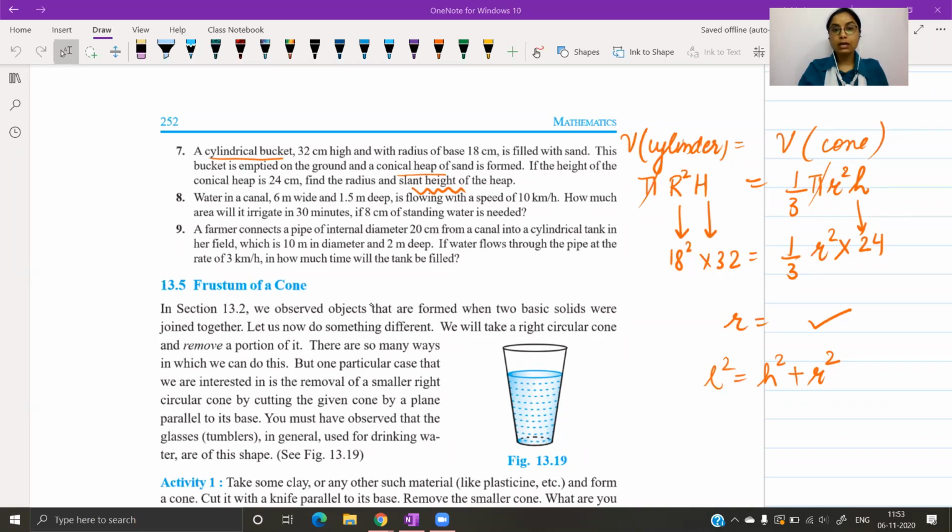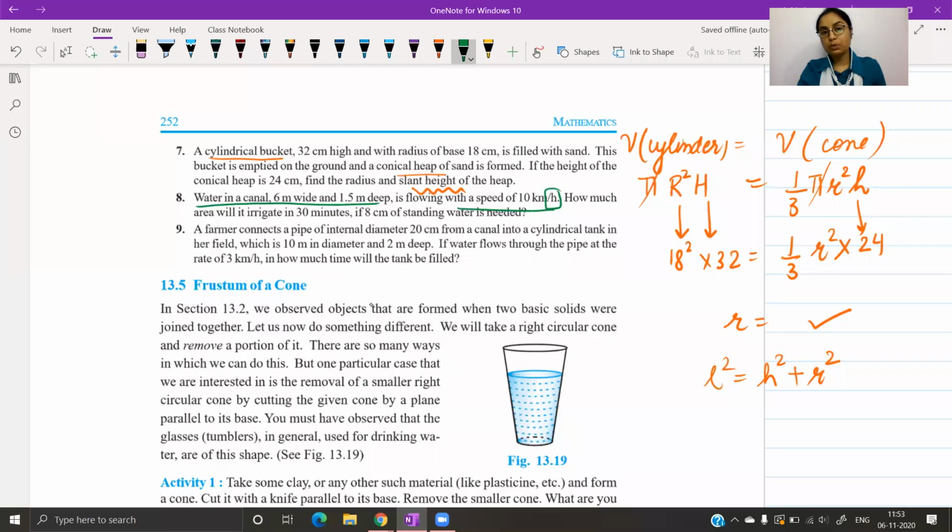Be careful about that. First thing we will do is, with the help of the dimensions of the canal and the speed of the water, we will find out how much volume of water is flowing through the canal in 1 unit time. So 1 unit of time here is 1 hour. With the help of the width, depth, and the distance covered per unit time, we will find out the volume of water that flows in 1 hour through the canal.